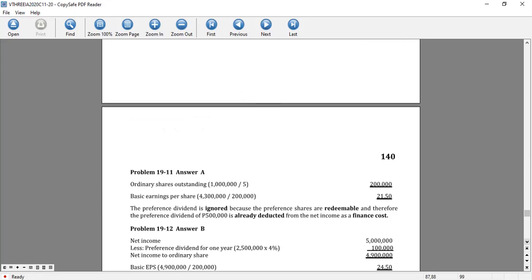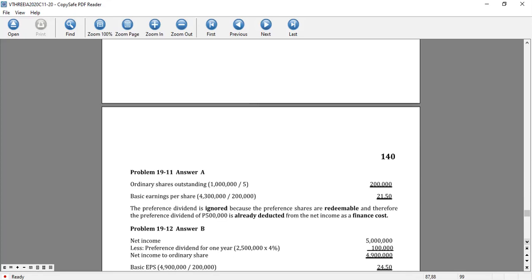So meaning we have 200,000 shares. The basic earnings per share with net income of 4,300,000 divided by the number of ordinary shares outstanding of 200,000, we have 21.50.